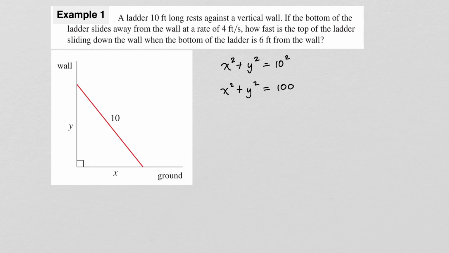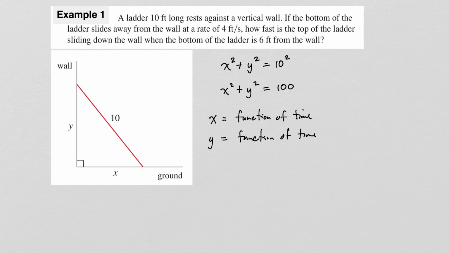But here is the really important part of this problem. It is true that y and x are related to each other, but they are also each related to an invisible variable, time. So we need to know that the distance x is a function of time, and the distance y is also a function of time.